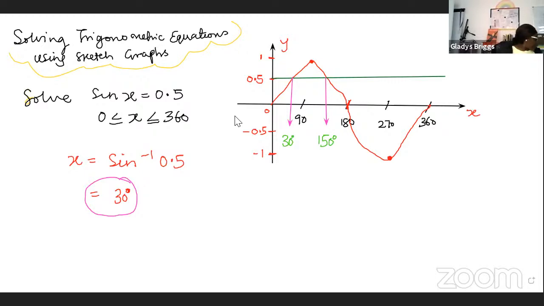So you guys use a sketch and a calculator. Yeah, this is your problem. Let me type it out for you.